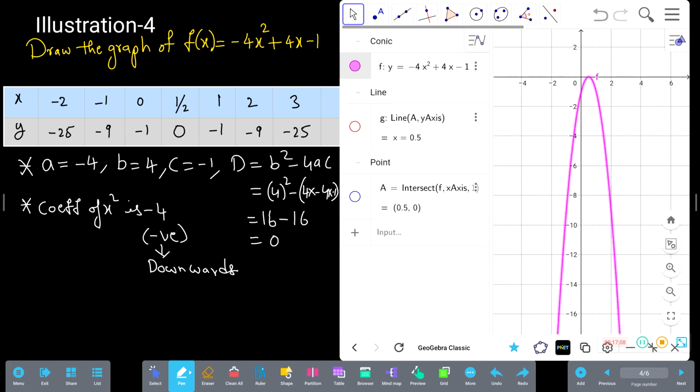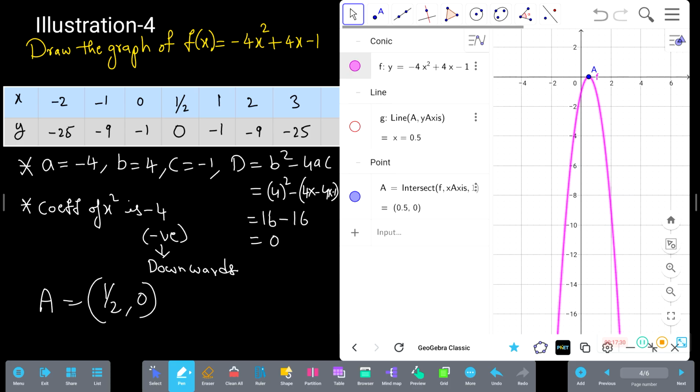That means it will have only one zero value, that is A. What is A here? 0.5 means that is nothing but 1 by 2 comma 0, right? So it is having only one zero value, so it is only touching the x-axis. It is not intersecting with the x-axis.